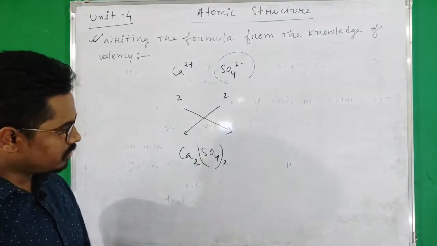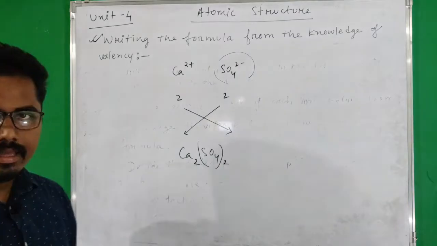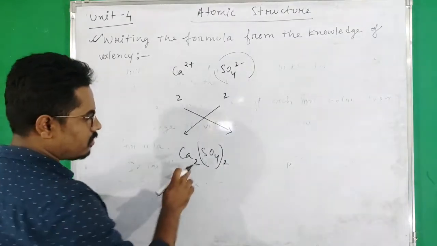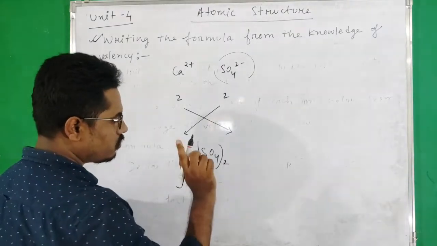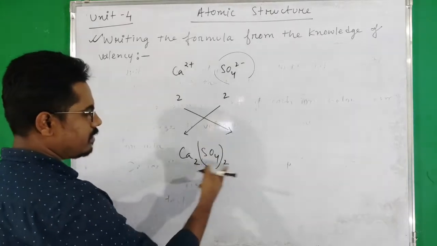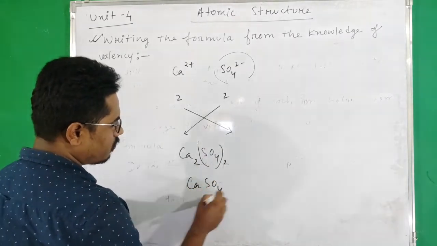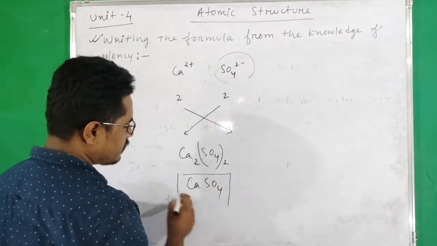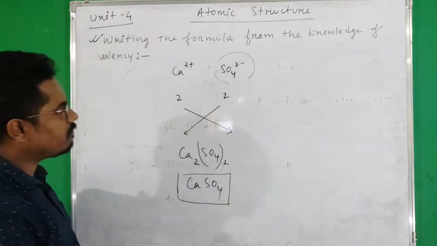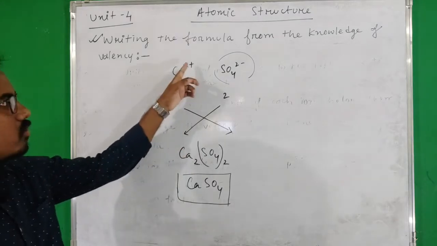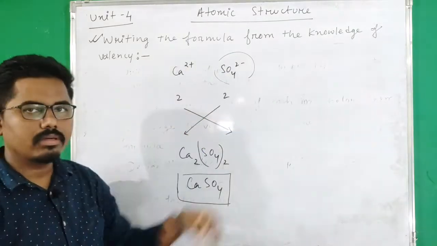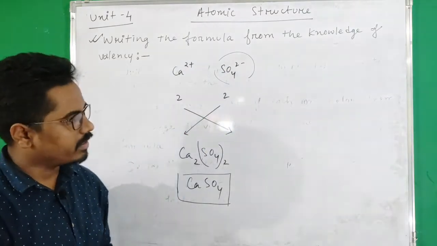Therefore you have to put bracket. Okay. Now the highest common factor of both 2 is 2. So therefore you have to divide this formula with 2 and you will get CaSO4. This one is exact formula of the compound formed by Ca2+ and SO4 2-. Okay, very easy.